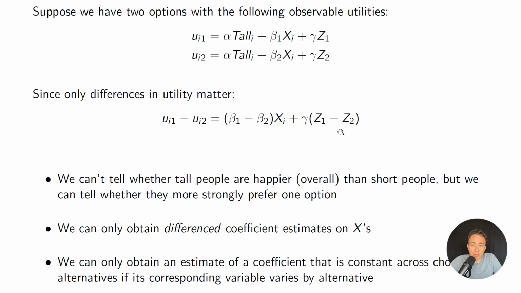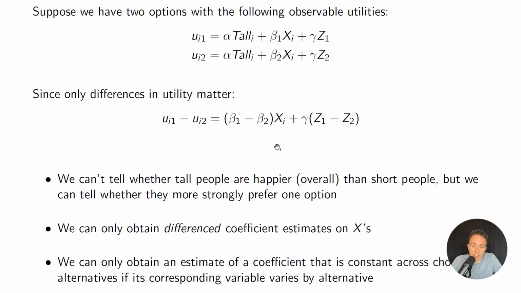So we're not going to be able to tell whether tall people are happier than short people, but we can tell if they more strongly prefer one option over another. So if the good is an airline seat with more legroom versus an airline seat with less legroom, then we might find that taller people are more likely to choose the seat with more legroom.